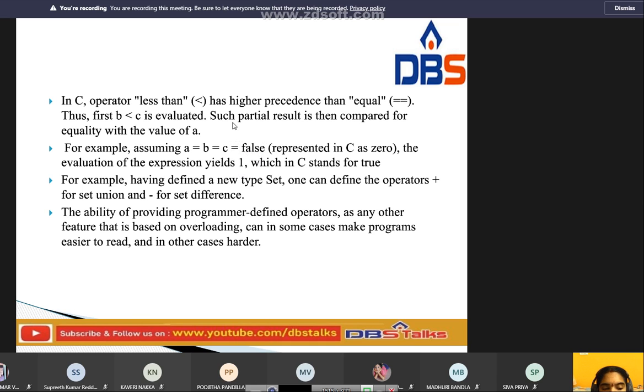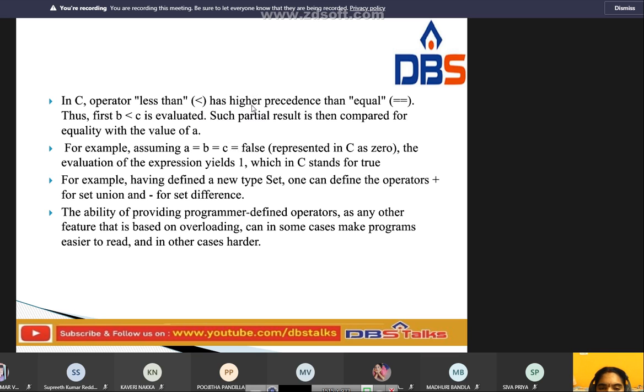Next, the effect of this feature is that several actions happen behind the scenes when the program is processed.